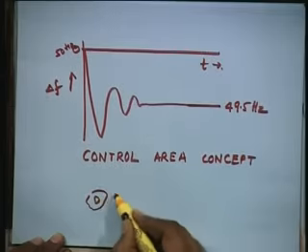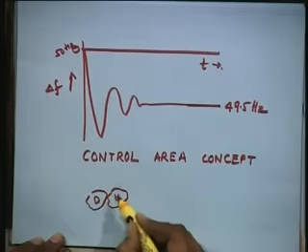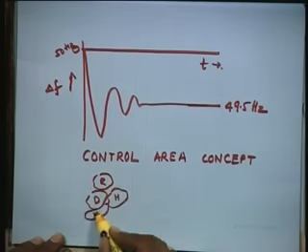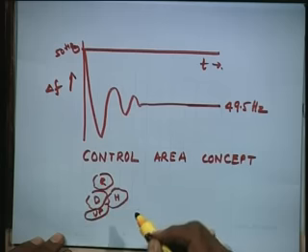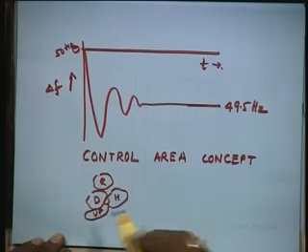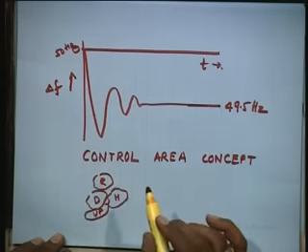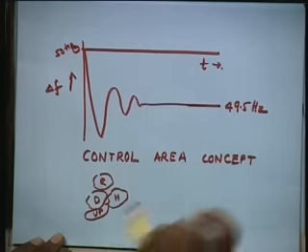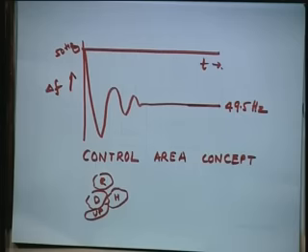This is Delhi, this is Haryana, this is Rajasthan, and this is UP. These are the 3 neighboring states, UP, Haryana, Rajasthan. Delhi is surrounded by these 3 states, but they are interconnected. You can't say Delhi is completely isolated.